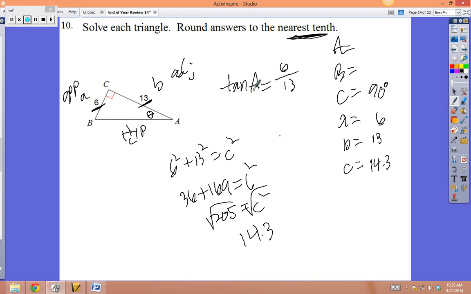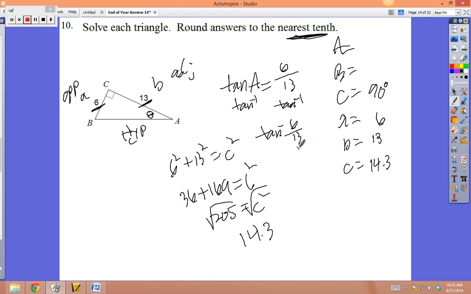Okay, now I need to solve for A, so I've got to get rid of tangent. The only way you can get rid of tangent is if you do the inverse tangent here. So on your calculator, if you do the inverse tangent of 6/13, that will give you the angle. If you know the fraction, you can work backwards and get the angle.